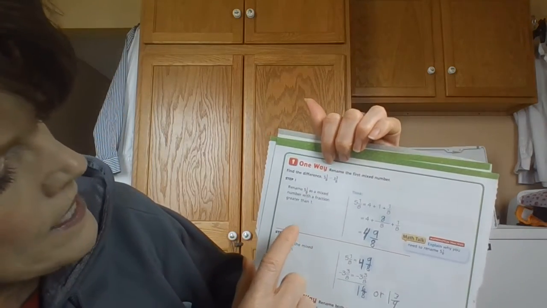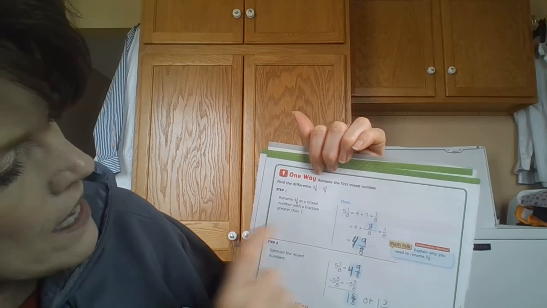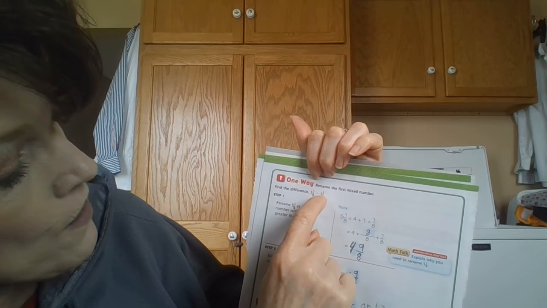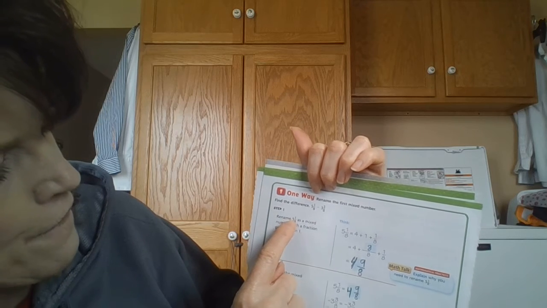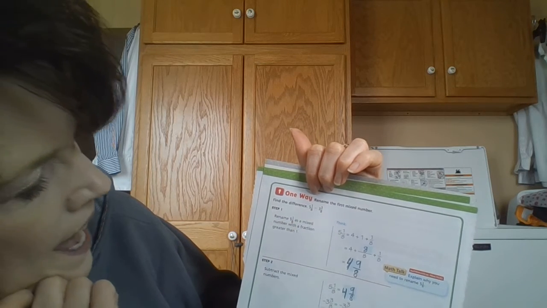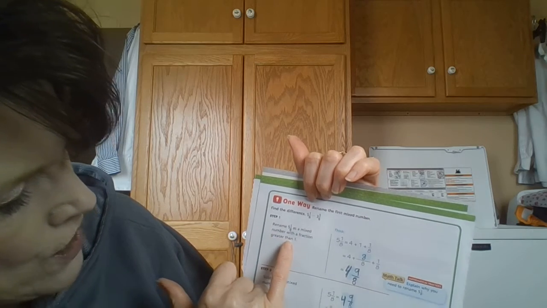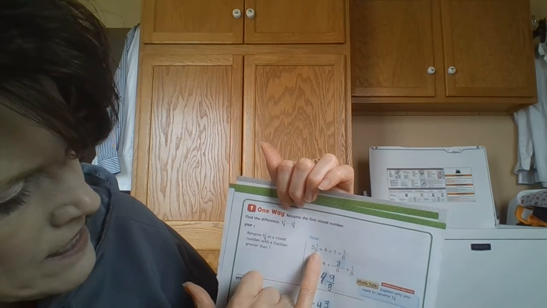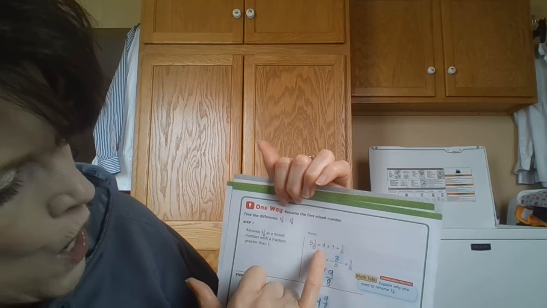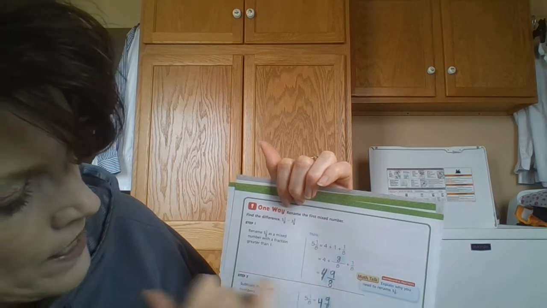In step 1, it says find the difference. 5 1/8 minus 3 3/8. Step 1 says rename 5 1/8 as a mixed number with a fraction greater than 1. Think 5 1/8 actually equals 4 plus 1 plus 1/8.